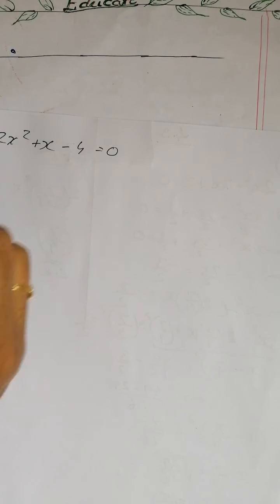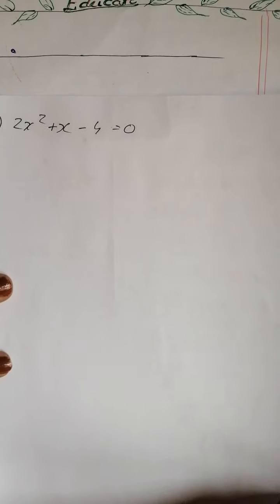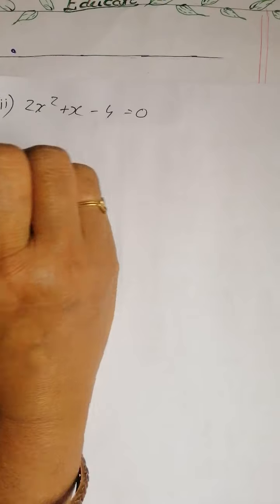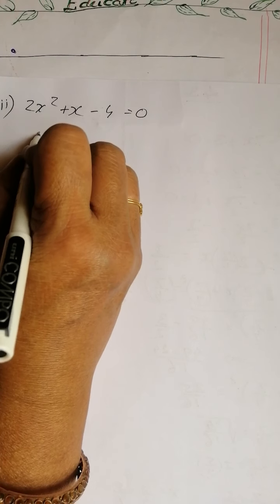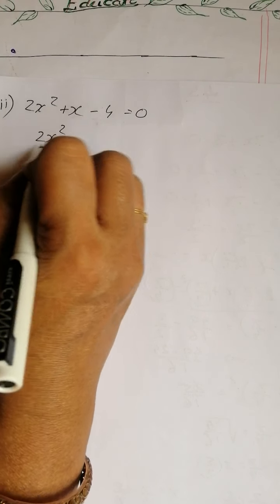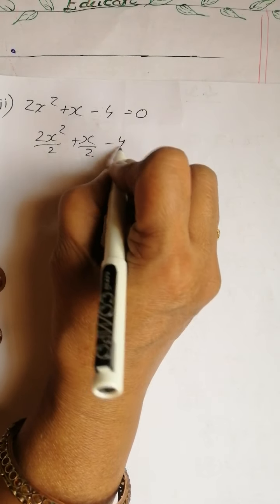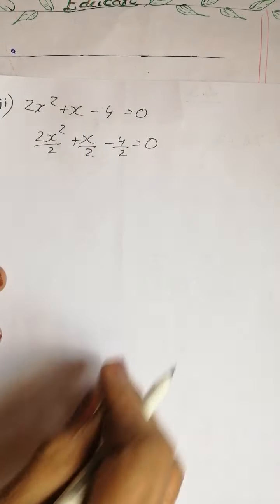What is the first step you have to do? First step is to make it as unity. How to make it unity? Yes, divide all sides by 2. So you will get 2x square by 2 plus x by 2 minus 4 by 2 is equal to 0.